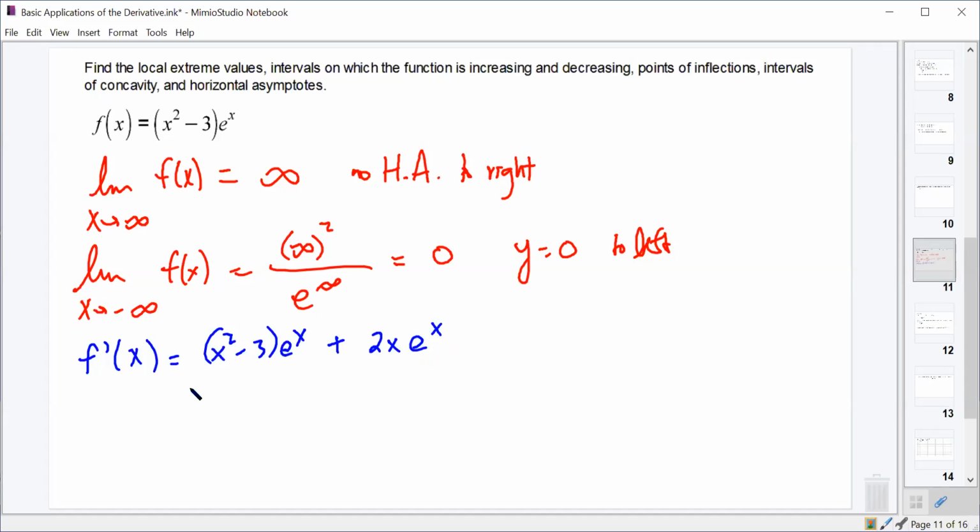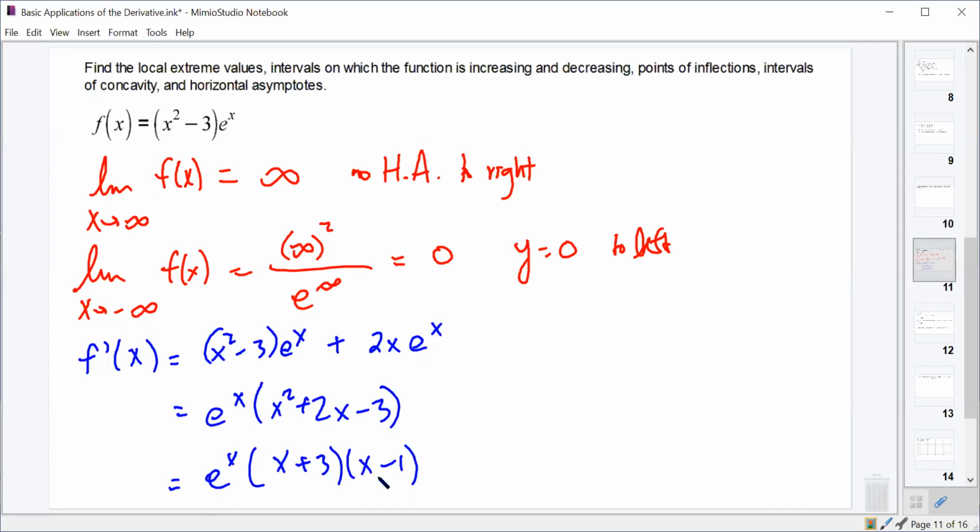And we can factor the e to the x out of both of those. So it becomes e to the x times x squared plus 2x minus 3, or e to the x times x plus 3 times x minus 1. Everybody good with the derivative and simplifying it down?